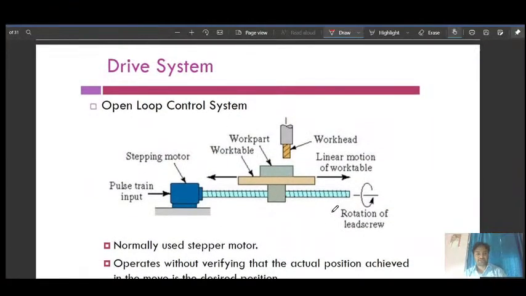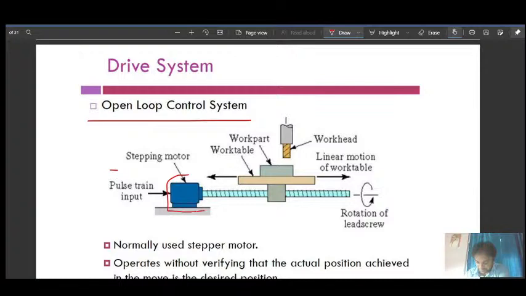So drive system, see, in open loop system we have this motor. Generally this is the stepper motor, and then lead screw, and as you can see the rotation of lead screw. Okay, and then work table.